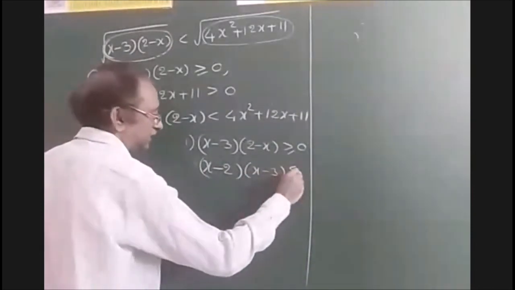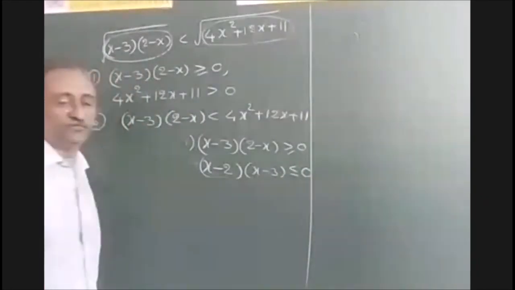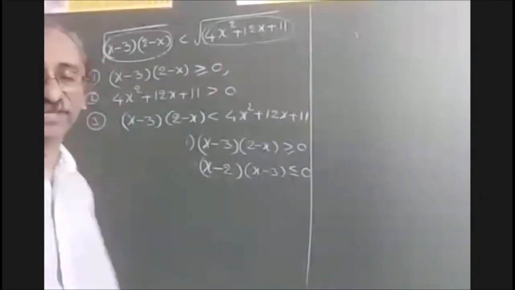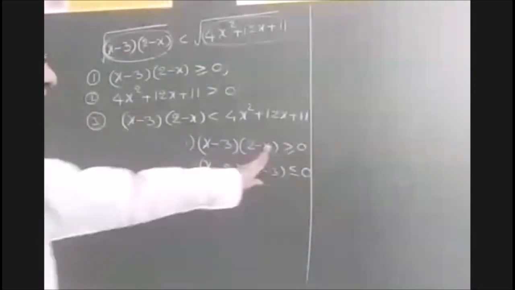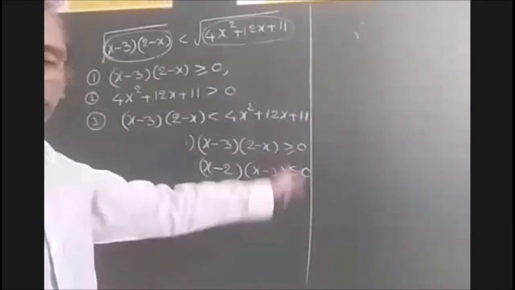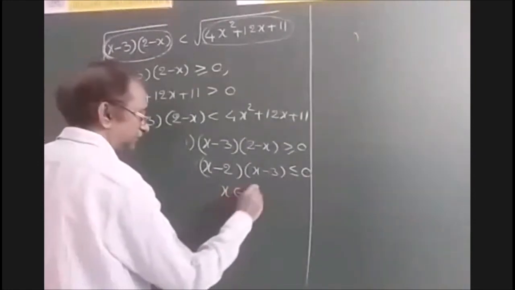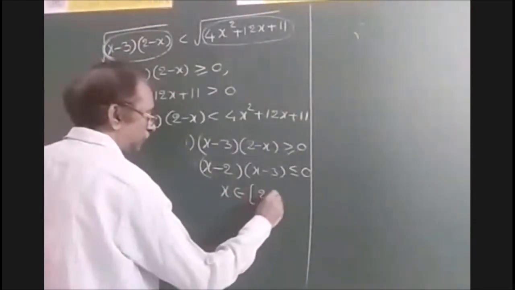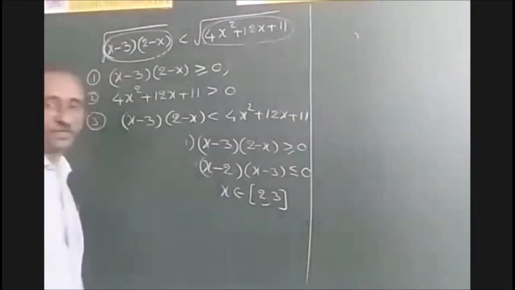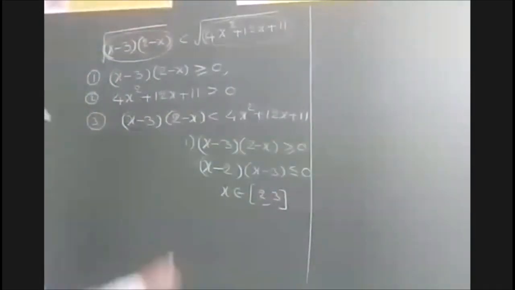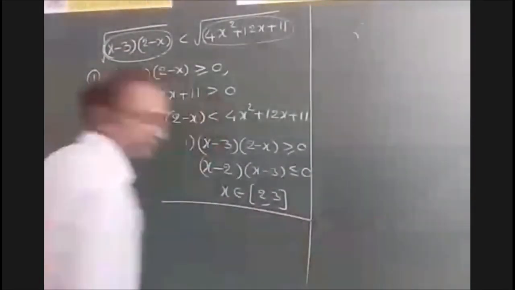That means greater than becomes less than. If you multiply an inequality by a negative number, the inequality changes its direction. Therefore, obviously x belongs to the closed interval 2 comma 3. So that is the first one.